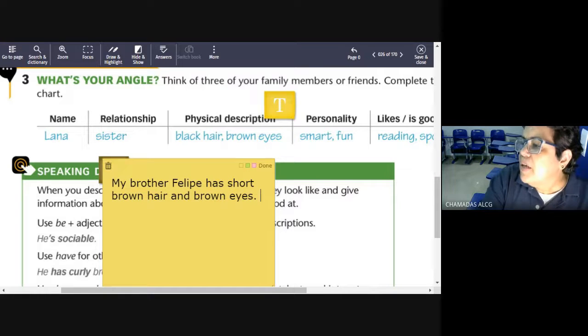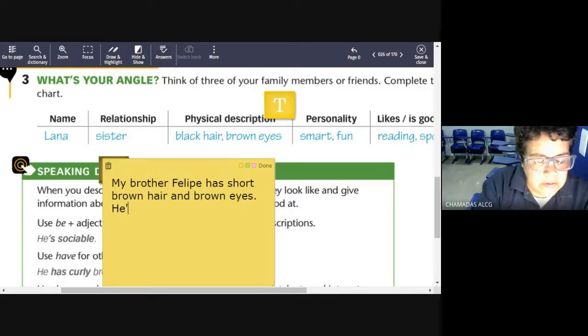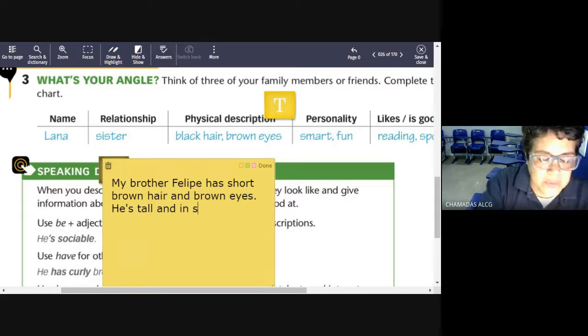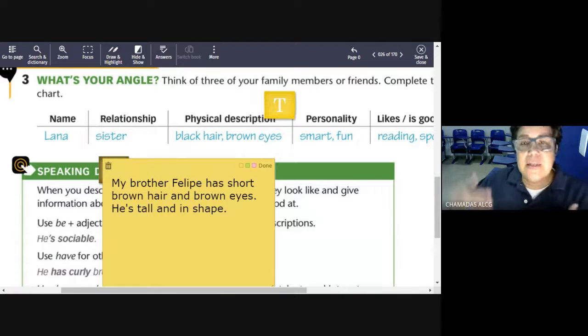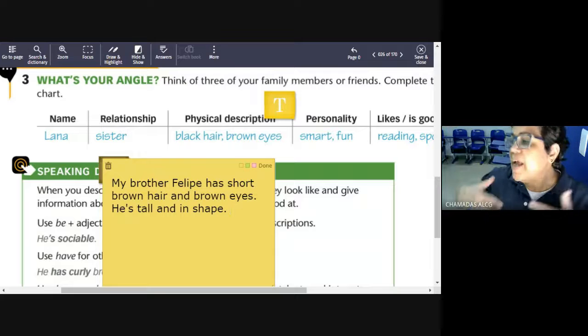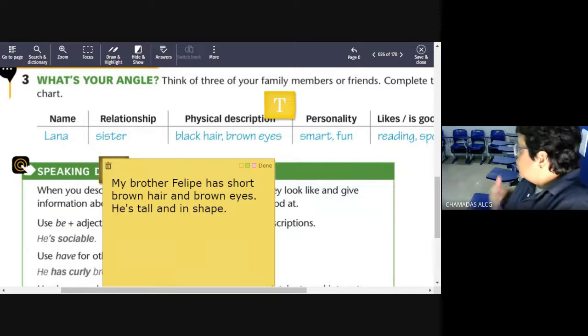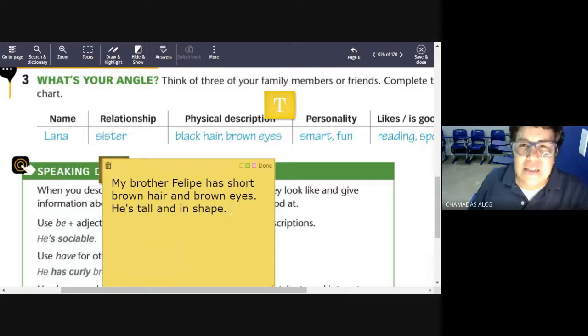Okay. He's tall and in shape. Tall and in shape means that he is tall, not short, and he is in shape. He has good shape. He is not fat. Okay, he's in shape.